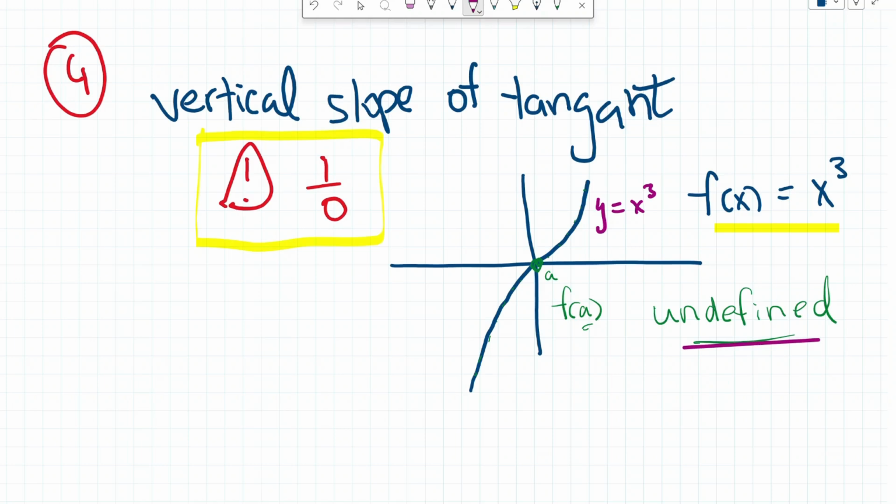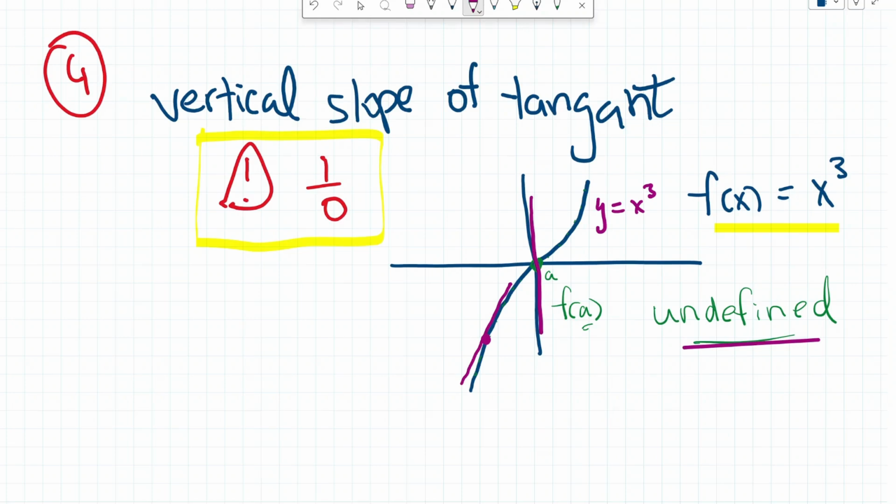So again, the derivative exists along all other points of this function. We can take the derivative right over here. We can draw the slope of the tangent. That's great. We have a value that's defined. However, if we try to take the slope at a over here, we're going to end up with a vertical line, which is undefined.